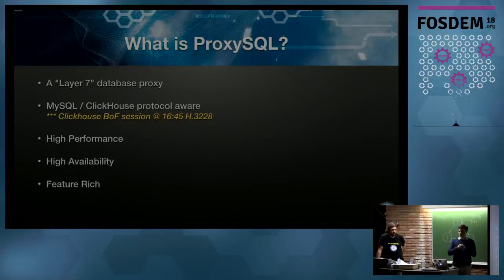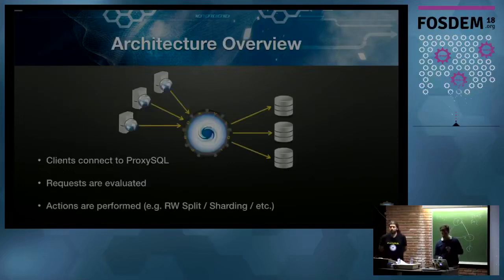So moving back to ProxySQL, it's built for high performance, high availability, and it's feature rich. There's a wide variety of stuff that you can configure to get various functionality, as well as to tune the proxy as you'd like it to behave. So, a quick overview of the architecture.